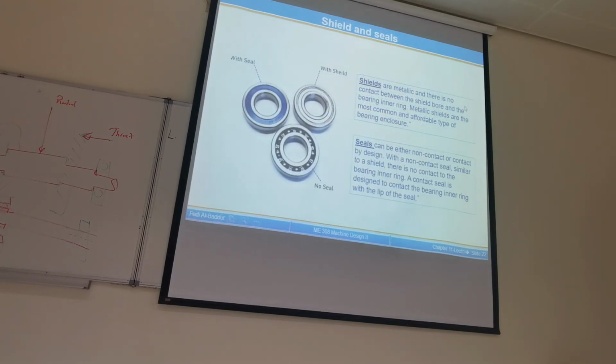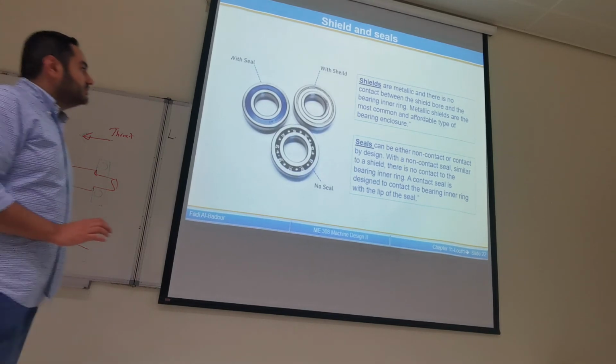Now, other elements on the bearing are the shield or the seal. The shields are usually metallic, and they are simply used to ensure that no foreign material goes inside the bearing, like dust, for example.